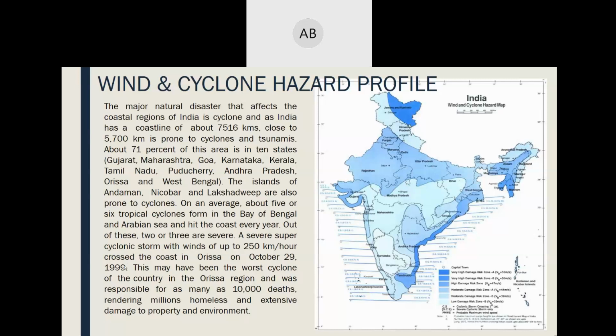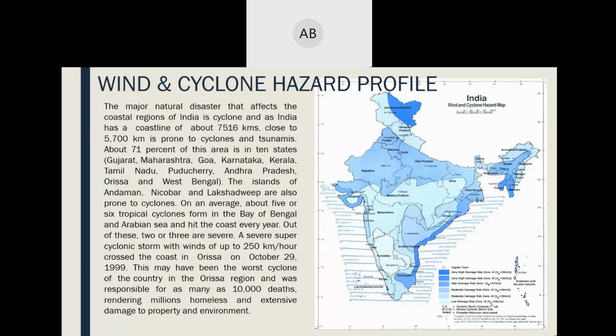Since 1999, a lot of technological advancement has happened in modeling the path of these cyclonic activities and also disseminating this information to the people living in these coastal areas. Since then, India has advanced a lot in terms of early warning of cyclonic activities.